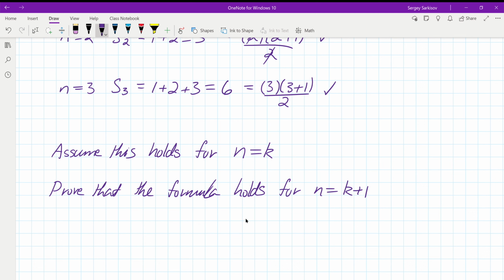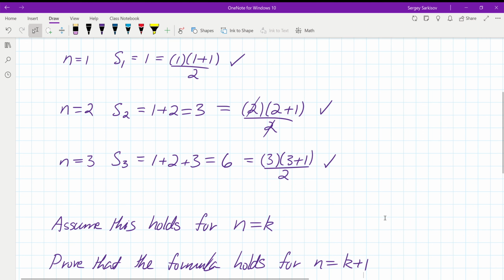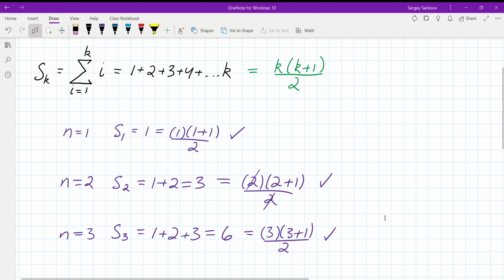Then we're done, because 1 means 2, and then 2 means 3, and so all the natural numbers going on to infinity, 1, 2, 3, 4, 5, and so on, it will work for all of those, right? And so we're proving this formula by induction.